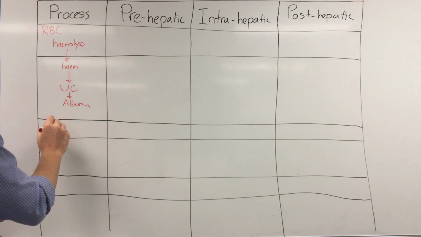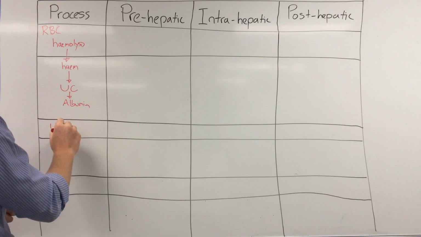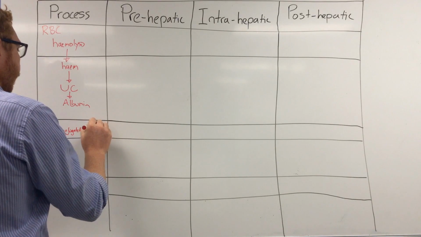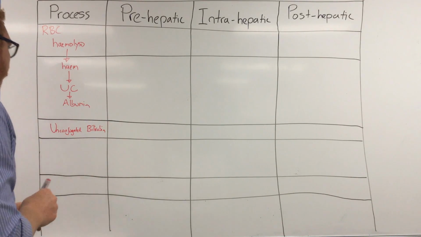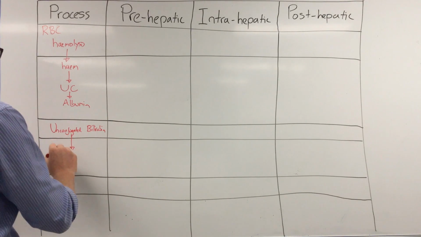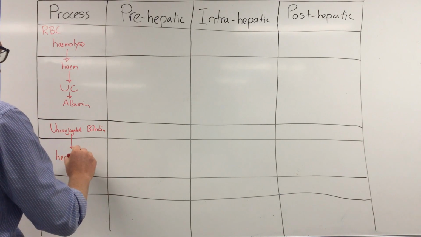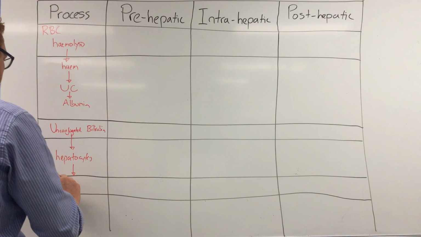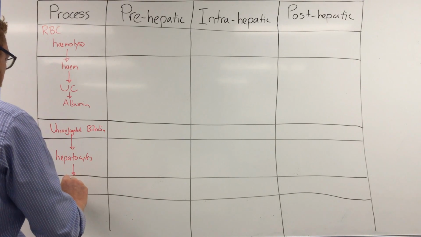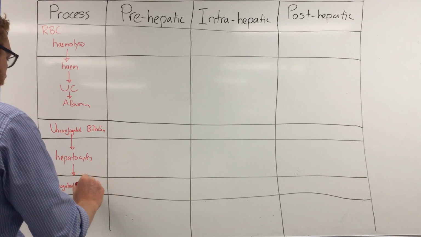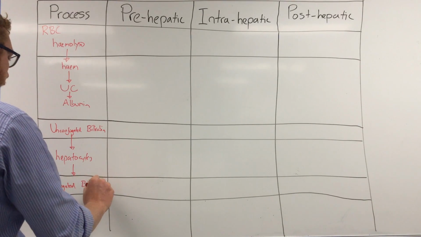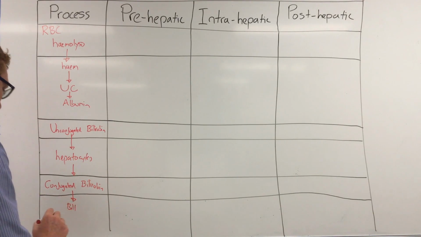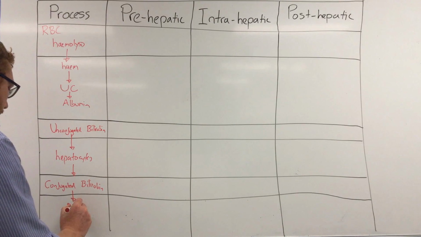But essentially, this step is the unconjugated bilirubin. And what happens here is it gets processed through the hepatocytes into conjugated form. And then that finally gets excreted into the bile to finally the feces.